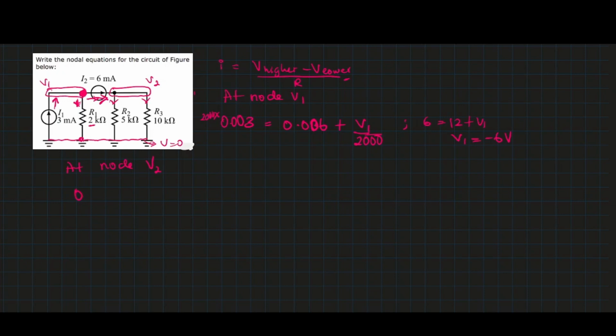So 6 milliamps, 0.006, is equal to, at this point, the current here will be V2 minus V0 over 5000 ohms, plus the same for this one, V2 over 10,000 ohms. Multiply through with 10,000 and you're going to get 60 equals 2V2 plus V2. Simplify this, it's simply 60 equals 3V2. V2 is equal to 20.